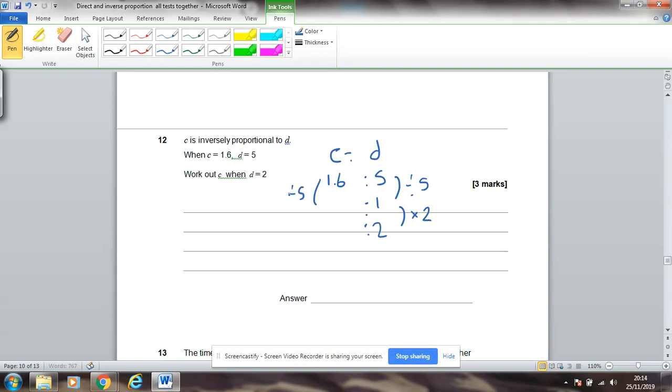So divide, oh no, we've got to do the opposite, remember, because it's inversely. So times by 5, divide by 2. It's always worth writing these down so then you can double check when you're doing it and you don't make that mistake that I was almost about to make. So we do 1.6 times 5 and then divide it by 2 and we get 4. So the answer is 4.